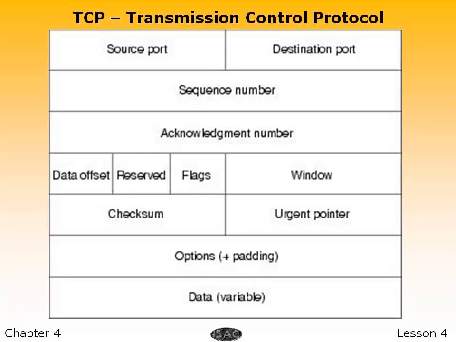Data offset, 4 bits, specifies the size of the TCP header in 32-bit words. The minimum size header is 5 words and the maximum is 15 words, thus giving the minimum size of 20 bytes and maximum of 60 bytes, allowing for up to 40 bytes of options in the header.